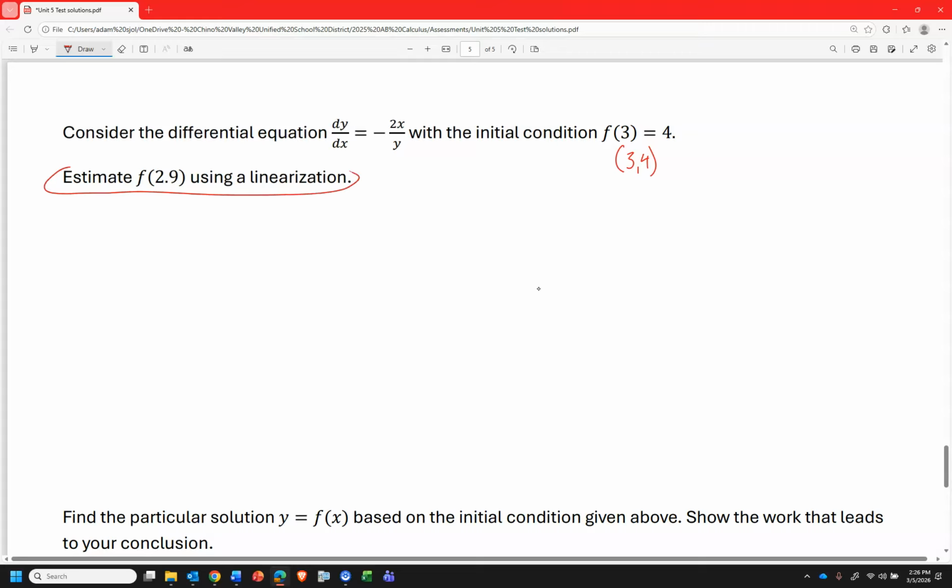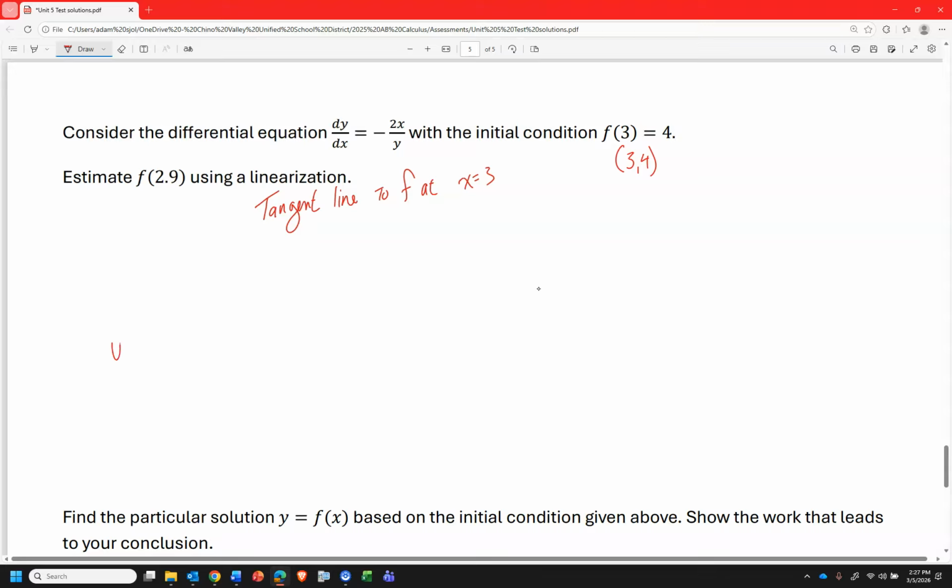So our first task is to estimate f of 2.9 using a linearization. To me, all that says is make a tangent line. Well, maybe your brain says it's hard, because we don't have an equation for f. But that actually makes things easier. We want a tangent line to f at x equals 3.